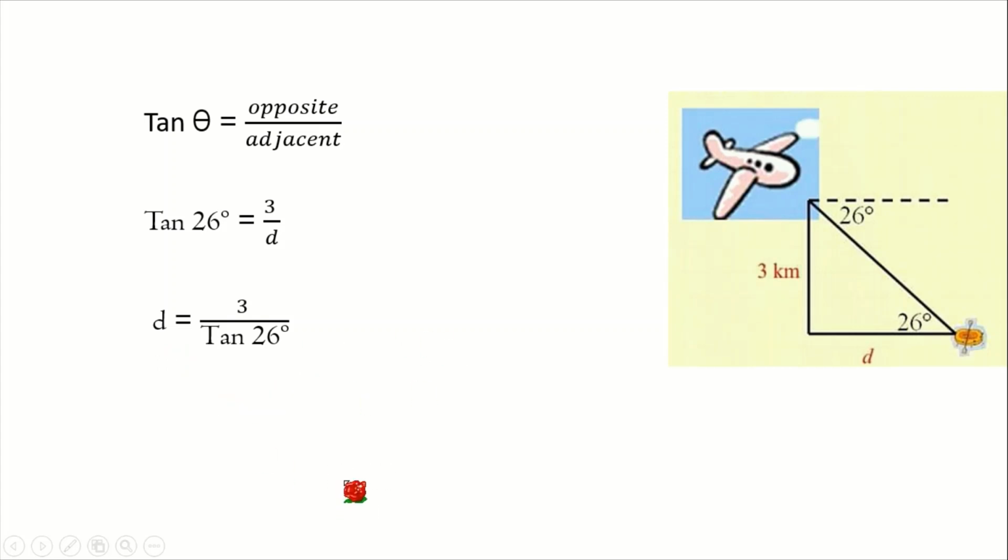I'll put the link below so you can follow along more easily. Now you can divide directly using your calculator. Just press 3 divided by tangent 26. That is 6.2 kilometers. Therefore, the distance of the airplane from the life raft is 6.2 kilometers.